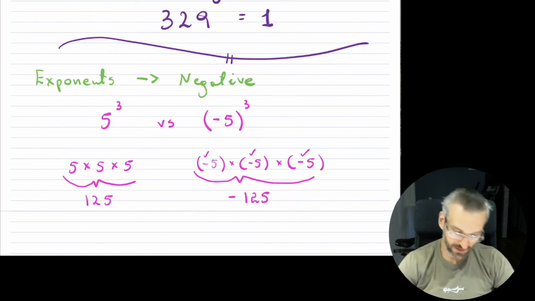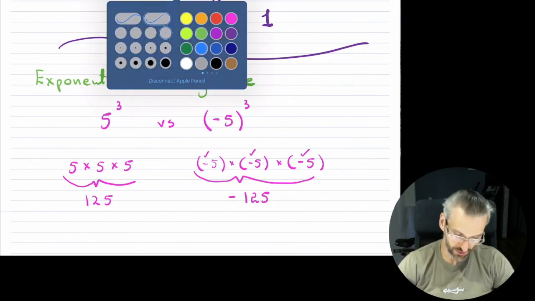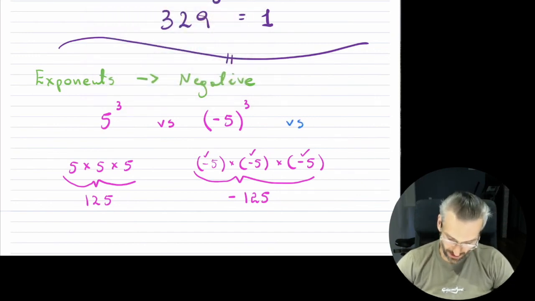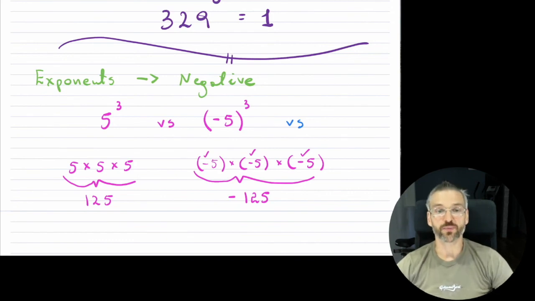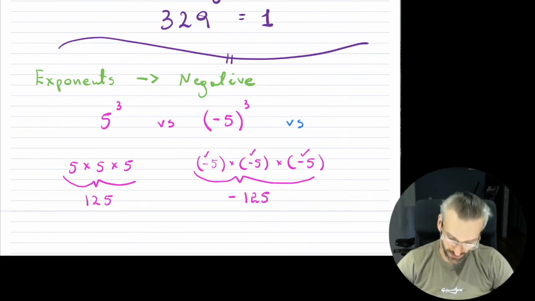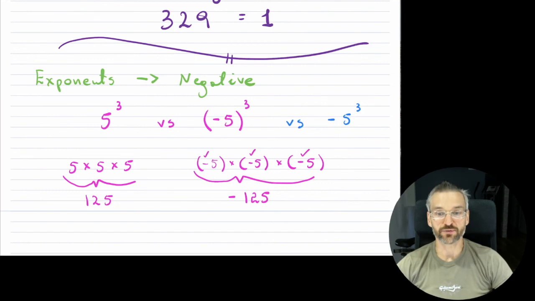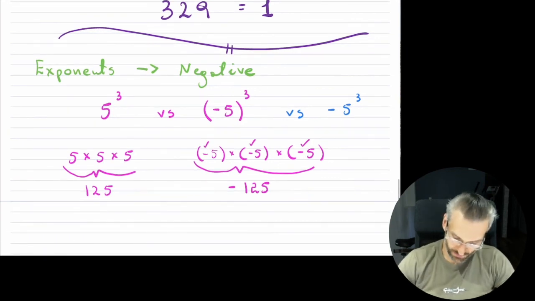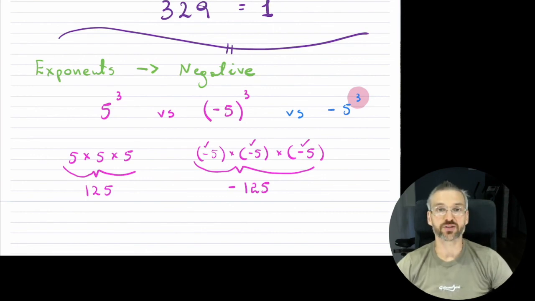But, and this is always the trouble that students run into, what I wanted to mention in this video is to make you aware that if you don't have those brackets around your negative number, you have to be careful that it may mean something else. So when you have an exponent, this exponent always applies to the number that it is attached to.